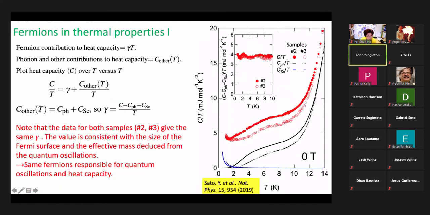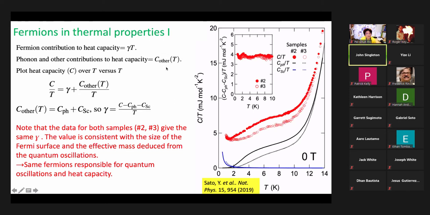So now let's go to other properties. If you've got fermions, then they have a very, very distinctive effect on the heat capacity. The fermion contribution to heat capacity, because of the Fermi surface, at low temperatures is given by this constant gamma, which is known as the Sommerfeld constant, times the temperature T. Now, phonon and other contributions give you different power laws. It can be T cubed, it can be exponential, and there can be other things like Schottky anomalies.